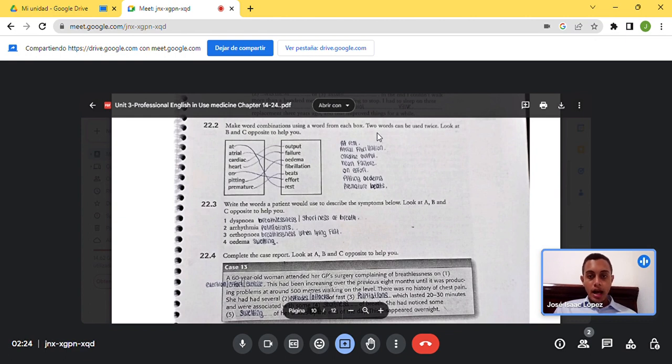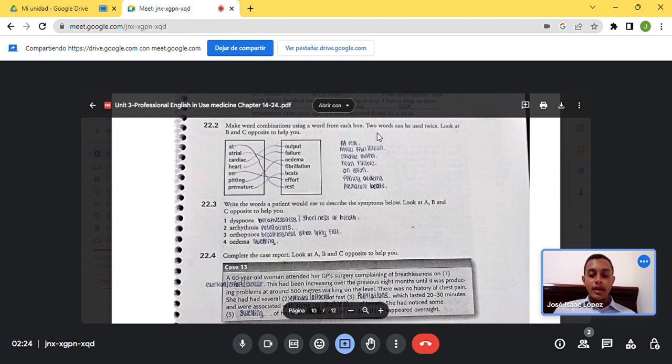Number 1 is at rest. O sea, en descanso. Next is atrial fibrillation. That means in Spanish, eso es fibrilación auricular.